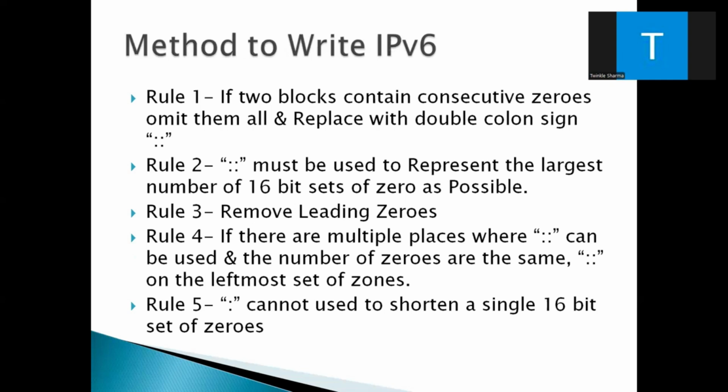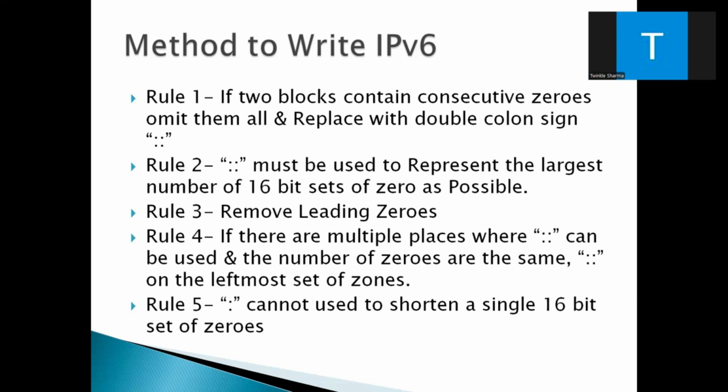If two blocks contain consecutive zeros, omit them all and replace with a double colon sign. I will explain with examples. Rule 2: the double colon must be used to represent the largest number of 16-bit sets of 0 as possible.